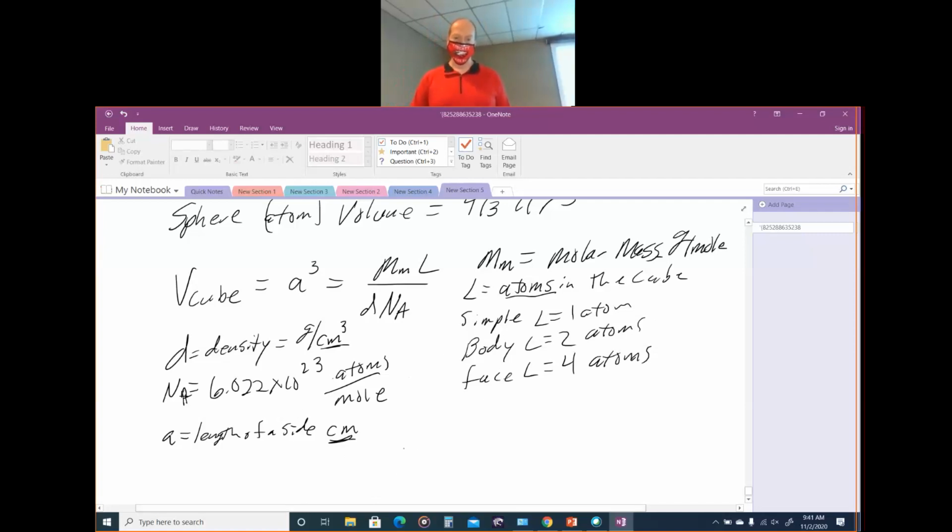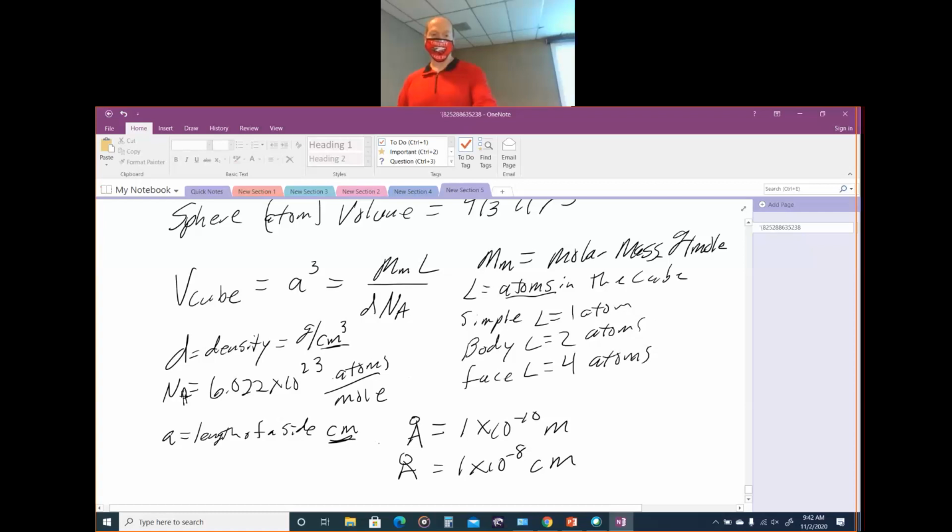The answers are almost always given in angstroms. Remember, 1 angstrom is 1 times 10 to the minus 10 meters. So an angstrom is also 1 times 10 to the minus 8 centimeter. You can convert that to centimeters, which is 1 times 10 to the minus 8.